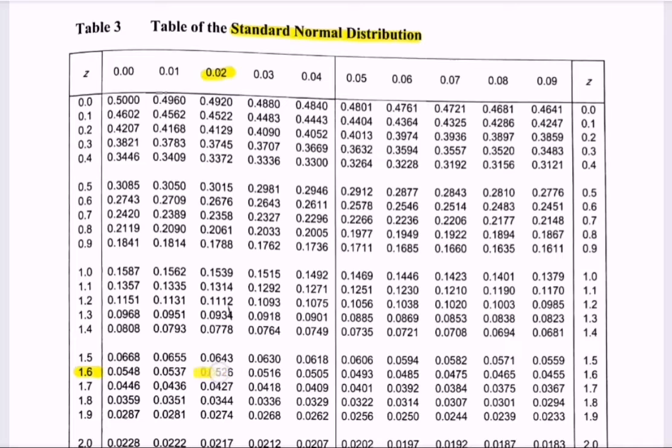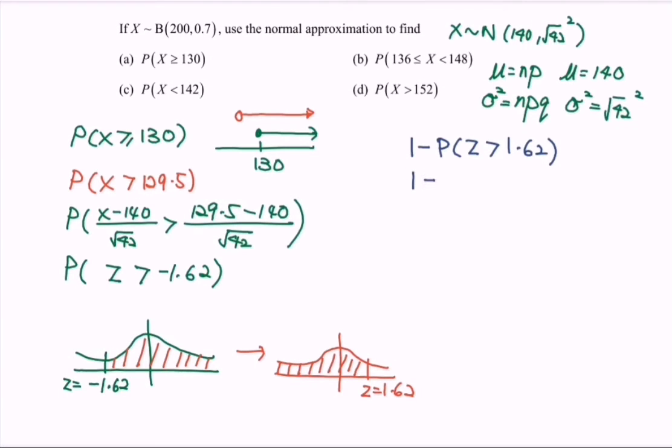So the value will be 0.0526 for z equals 1.62. So here we have 1 minus 0.0526. So the probability that x is greater than or equal to 130 will be 0.9474.